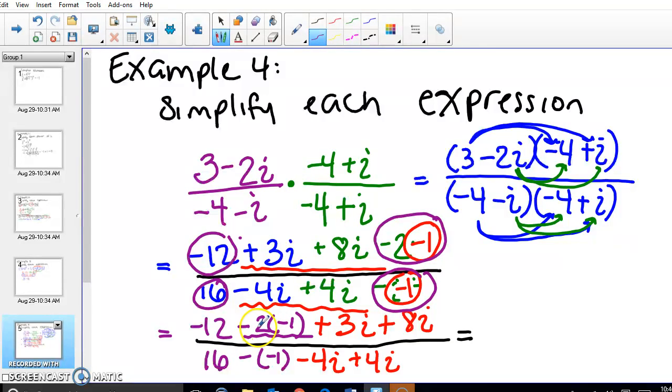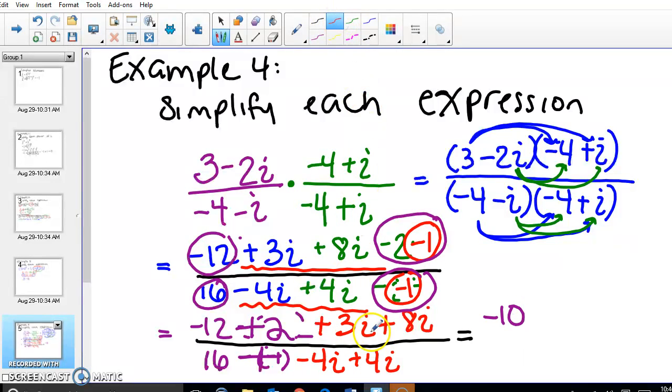Combining these, negative 2 times negative 1 is a positive 2. So I'm going to rewrite that. And negative times negative 1 is a positive 1. So I have negative 12 plus 2 is negative 10.